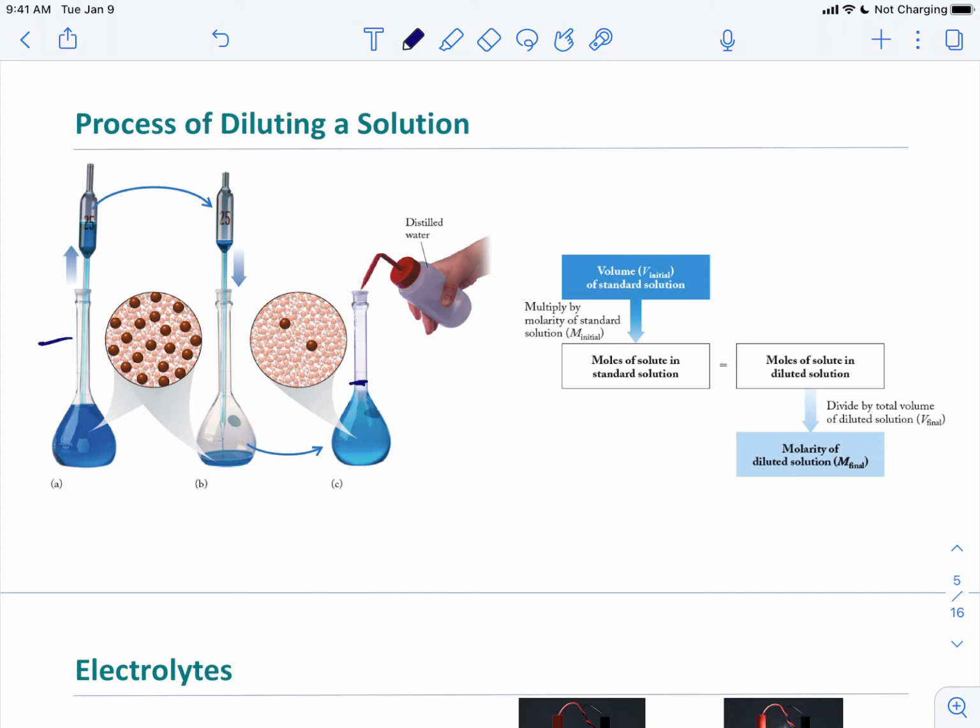So if you're making up a 1 liter solution, you don't put 1 liter of water in there and then add your salt, because salt takes up space and your solution will be greater than 1 liter. So what you do is you might fill it up to, say, 500 mils, add your salt, get it dissolved, and then you carefully bring it up to volume so that your total volume is 1 liter. You don't use a liter of solvent, okay? That's one of the keys to making up a solution.